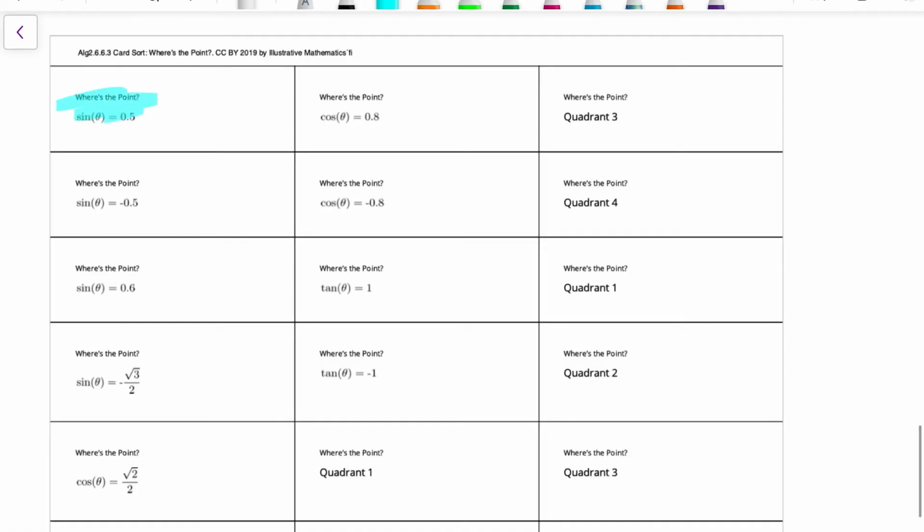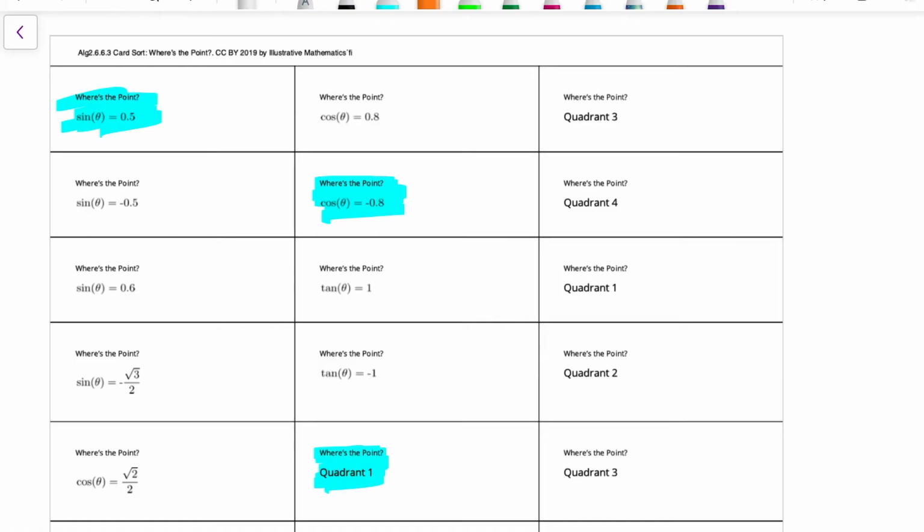If I look at sine of 0.5, I'm going to say that can be in quadrant 1 because sine is positive in quadrant 1. If I do cosine of negative 0.8, that can be in quadrant 2 because cosine is negative, x is negative in quadrant 2.